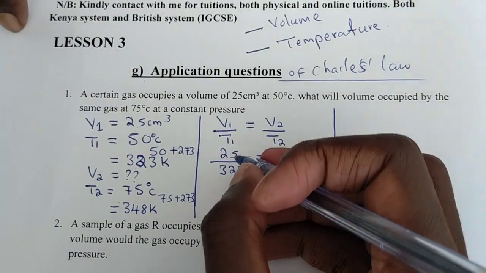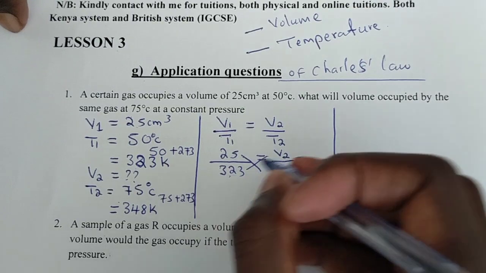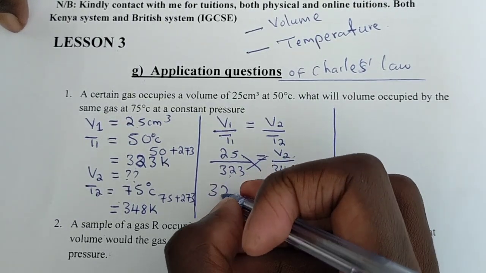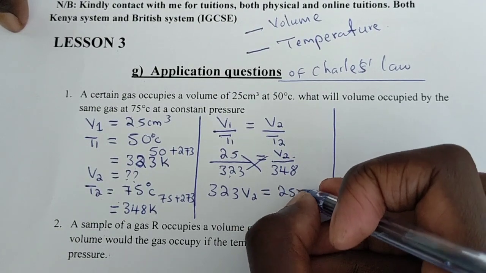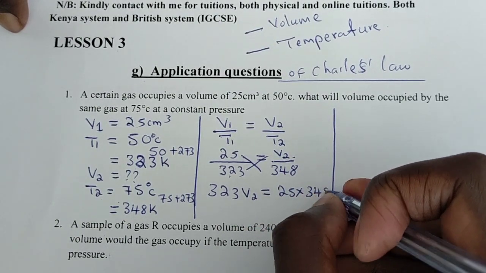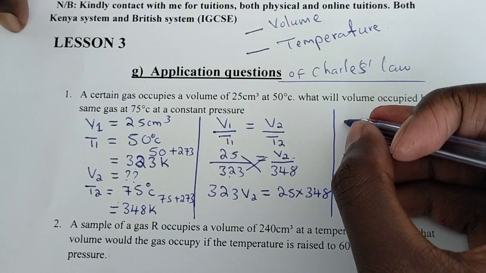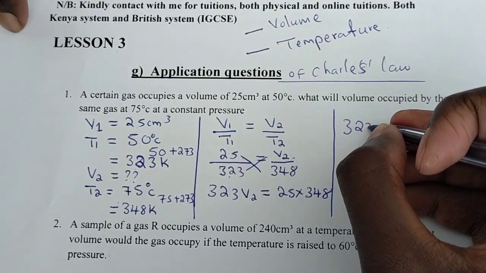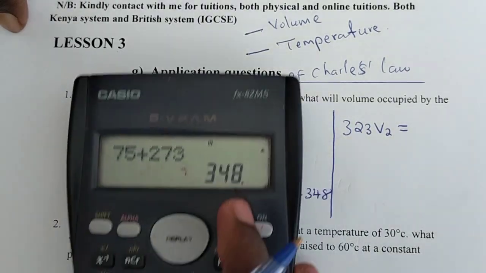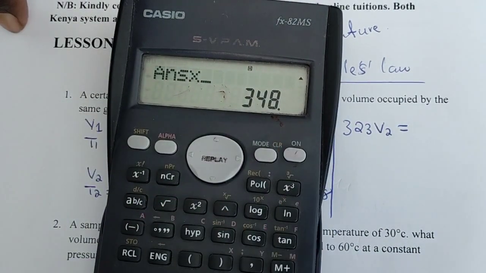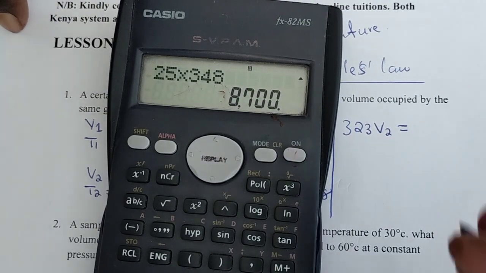From here we cross multiply: 323 times V2, we have 323 V2 is equal to 25 times 348, which is 8,700.